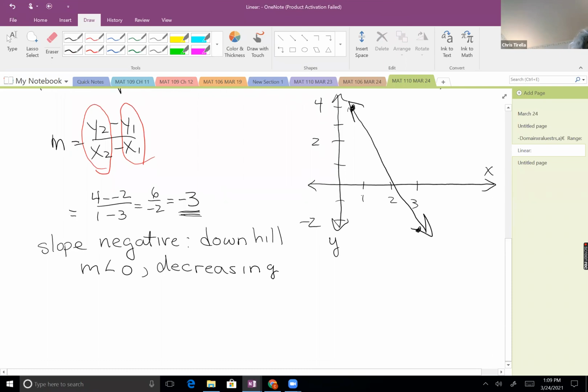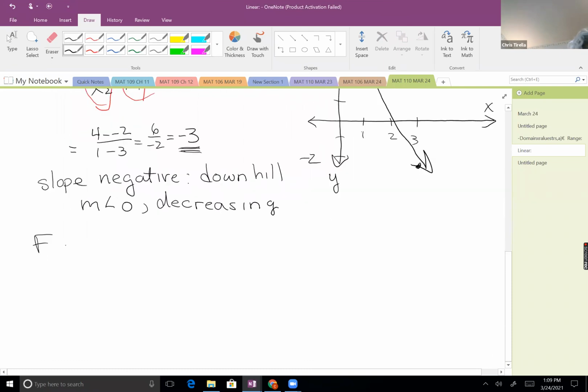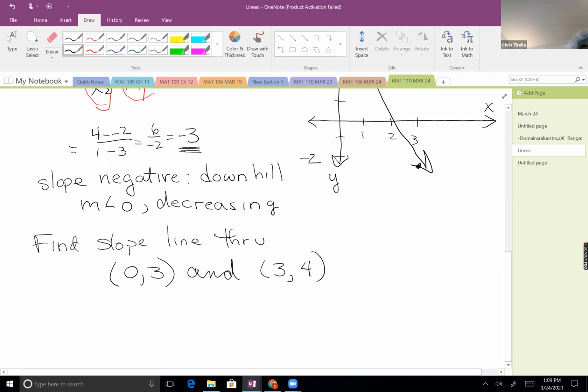Let's try another one. Let's find the slope of the line through, this time, the points 0, 3, and 3, 4. And again, you're going to use that slope formula.